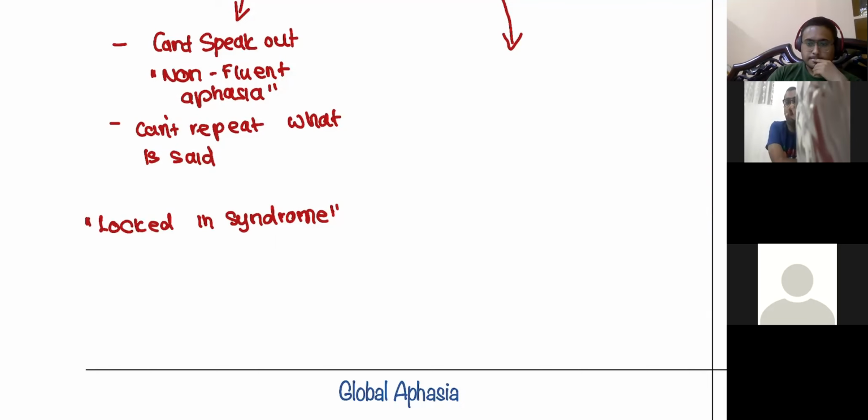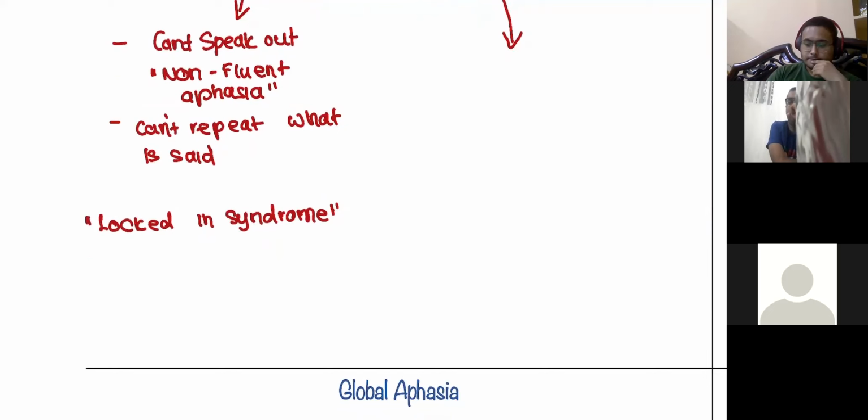So it's like this. He understands everything. It's like a patient in locked-in syndrome, but don't confuse these. Locked-in syndrome is a type of coma. The patient can't move his body at all.